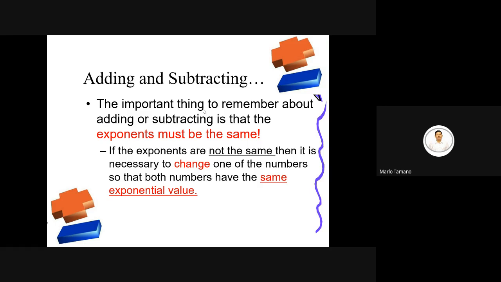Yung bilang ng movement natin going to the left, going to the right, yun po yung ating dinadagdag at binabawas. Tandaan, kapag nag-move kayo ng decimal point papunta sa kaliwa, plus po yun. Pag naman nag-move ng decimal going to the right, minus po yun. Gets?